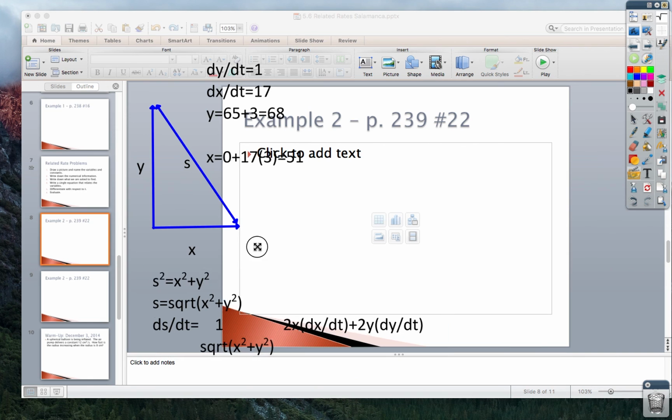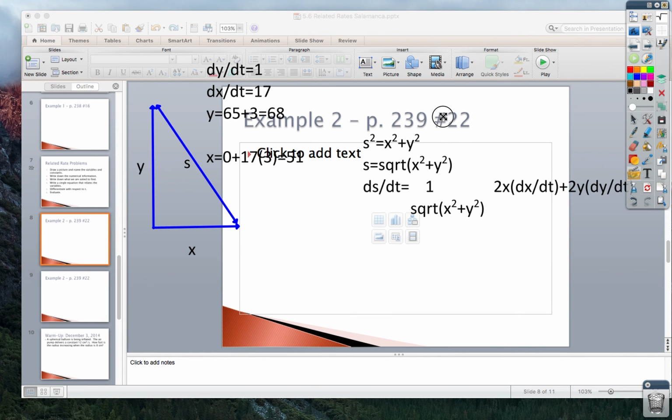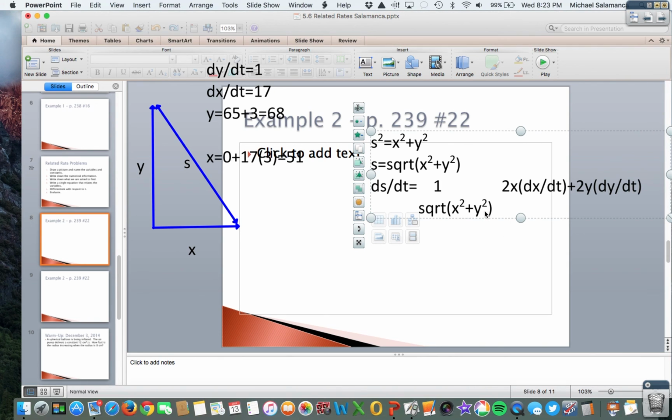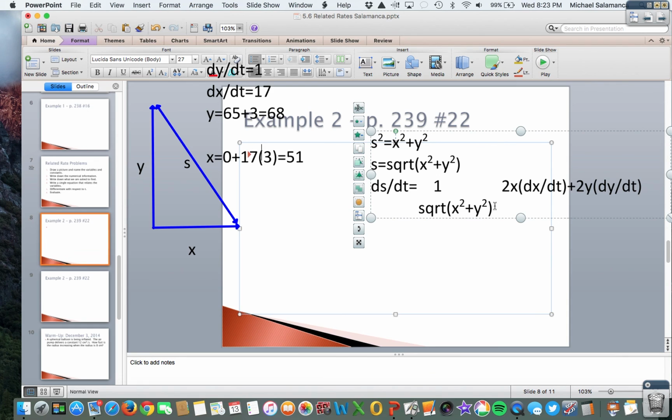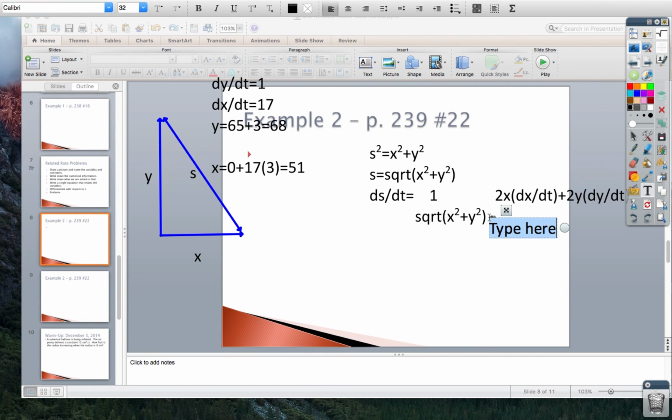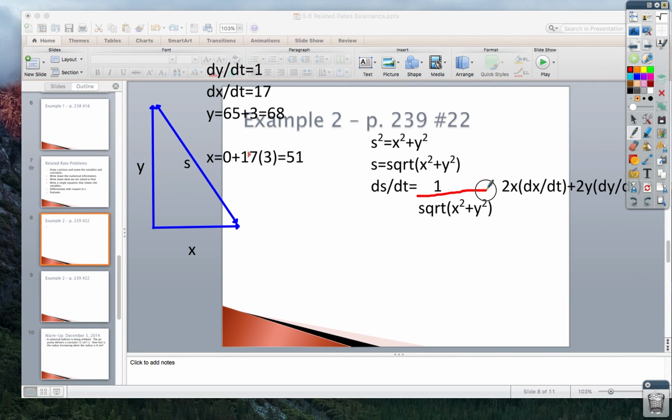So I'm going to move our formulas over a little bit. So now we're looking at the following equation, like so.